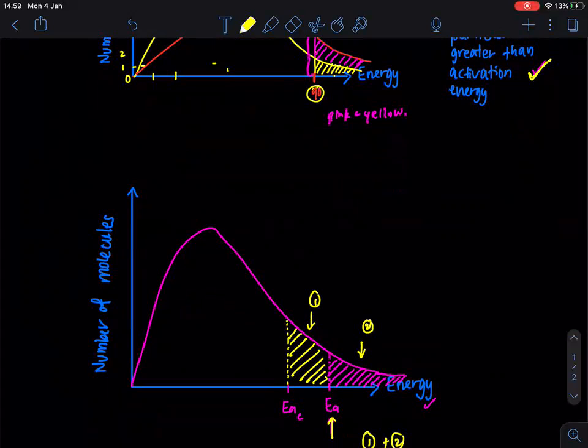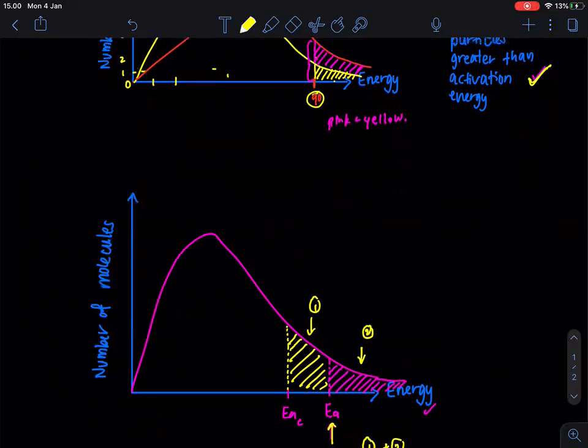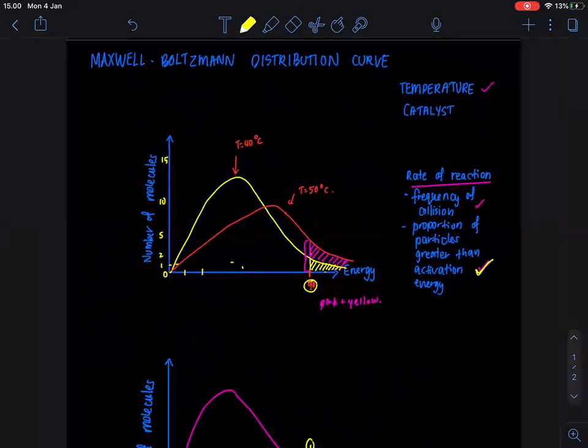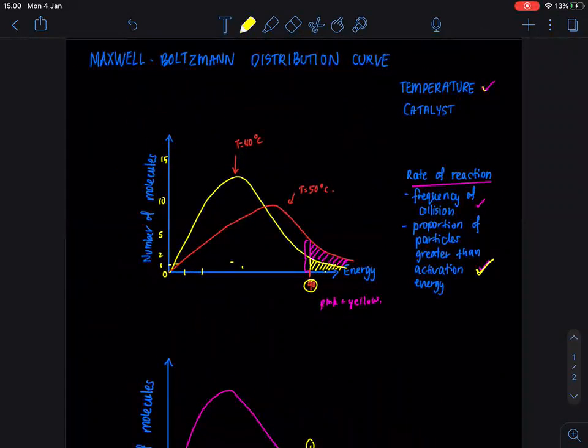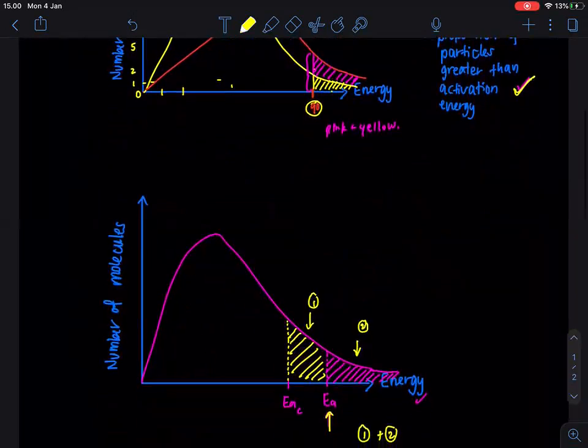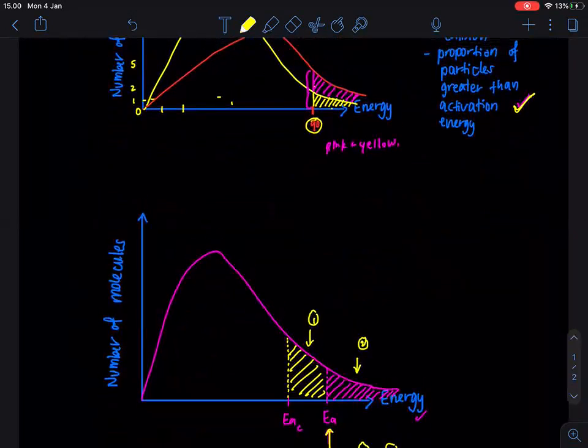So this is how we are going to use Maxwell Boltzmann's distribution graph to show how it affects the rate of reaction. This one I have mentioned about temperature and catalyst, and how we use the Maxwell Boltzmann's curve for this.